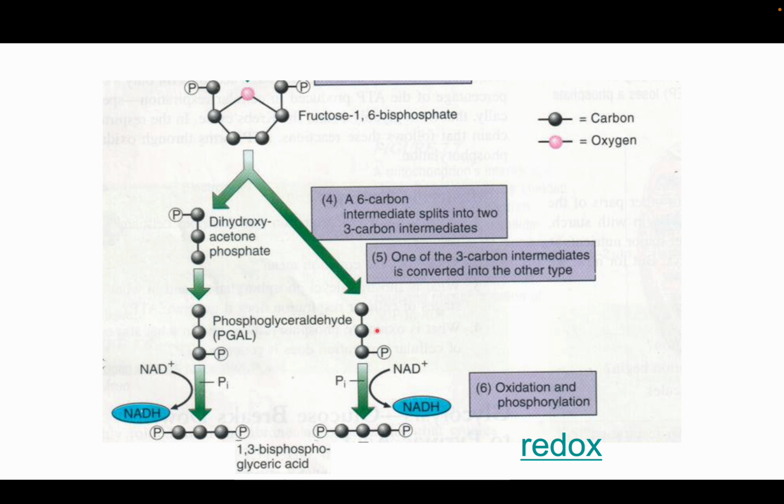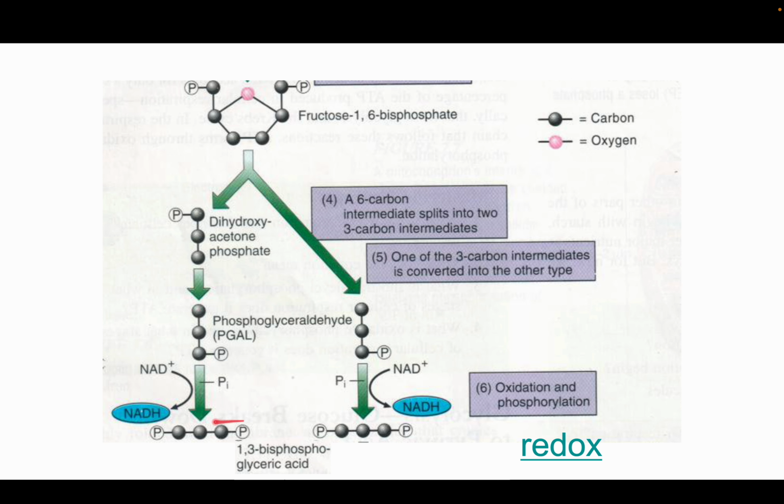The next step is oxidation and further phosphorylation. Two NAD plus molecules are reduced to NADH. Two inorganic phosphates come into play, and your phosphoglyceraldehyde molecules are converted to 1,3-bisphosphoglyceric acid, or bisphosphoglycerate.